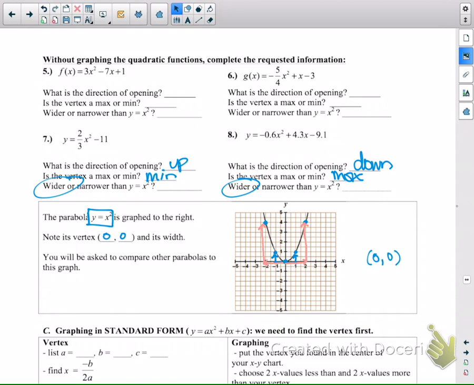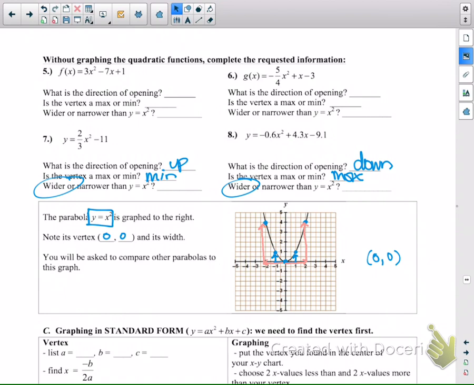If I continued that pattern, you're only required to do 5 points. But it went over 1, up 1 either side, over 2, up 4. If we went over 3, it would go up how many? Think about it. This is an x squared function. Over 3, up 9. There you go. You can continue that pattern with any quadratic because it's x squared. Whatever the x goes over, it's going to go the squared distance up.